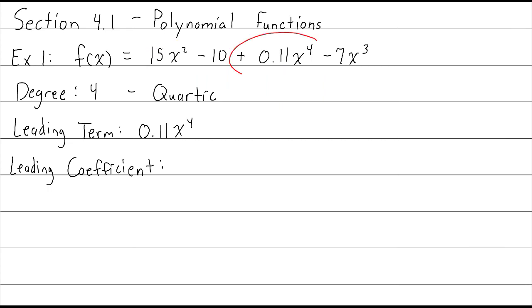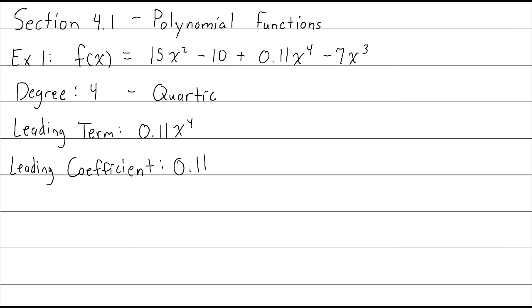The coefficient here would be positive 0.11. The coefficient here would be negative 7, and the coefficient here would be negative 10. I know we don't see an x there, but it still functions the same way. So the leading coefficient is the coefficient of the leading term. Again, I'm still looking at just this piece right here. All that other stuff doesn't help me.